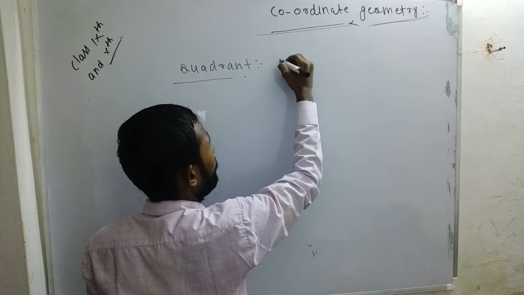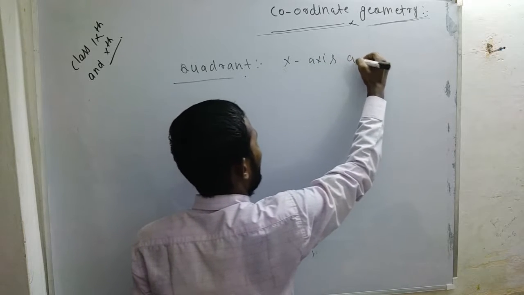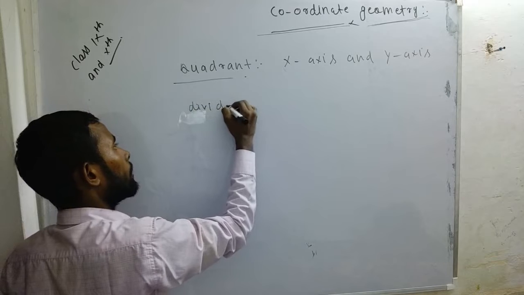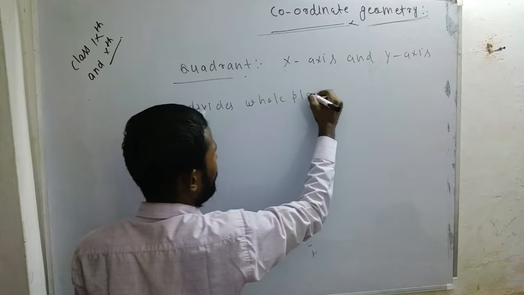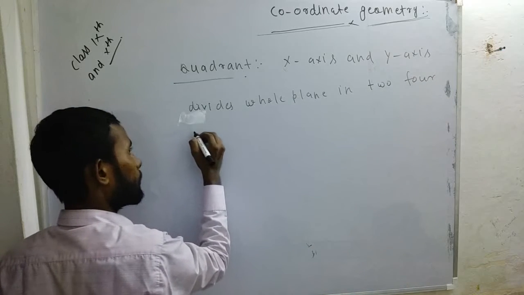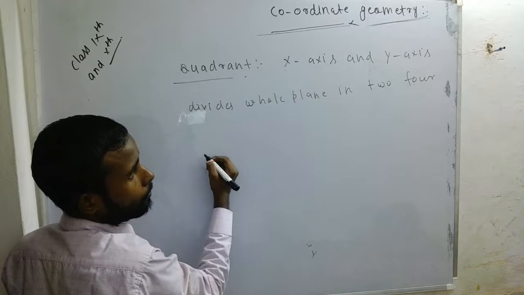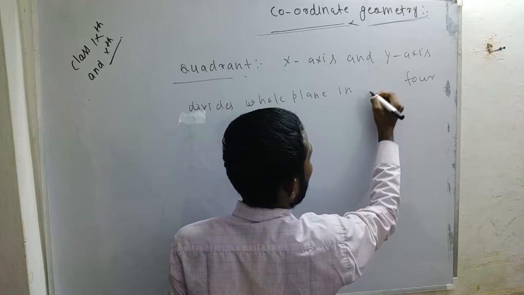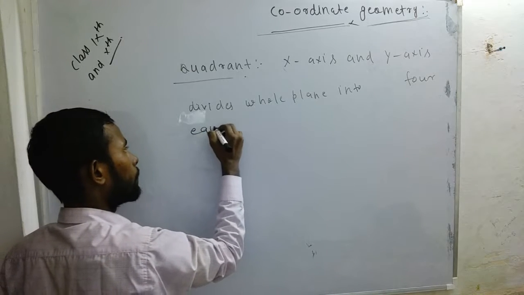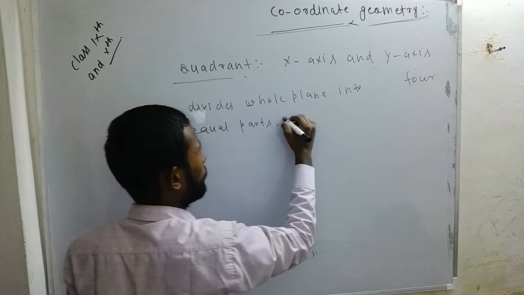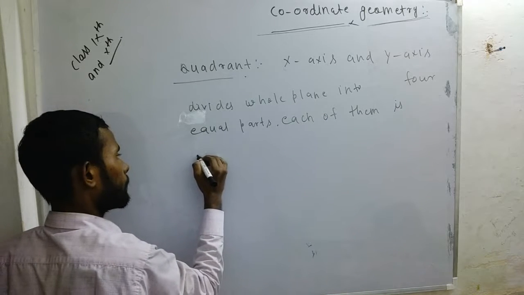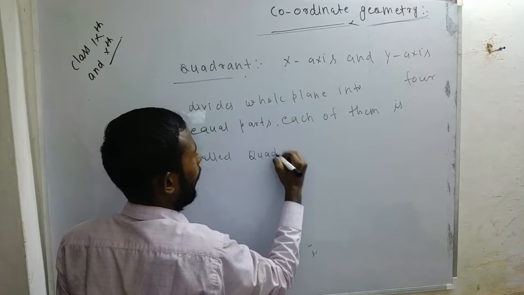That means x-axis and y-axis divide the whole plane into four equal parts. Each of them is called a quadrant.